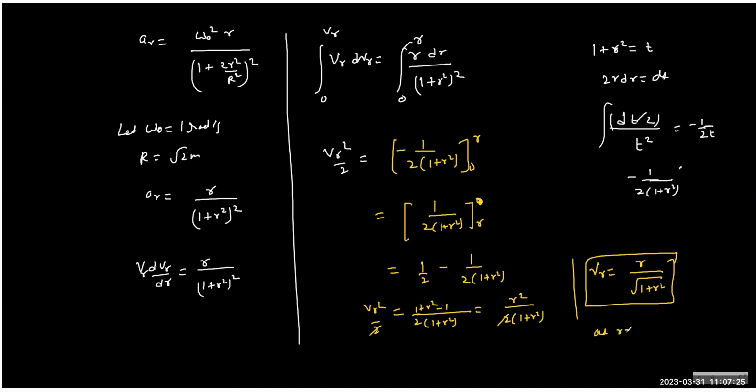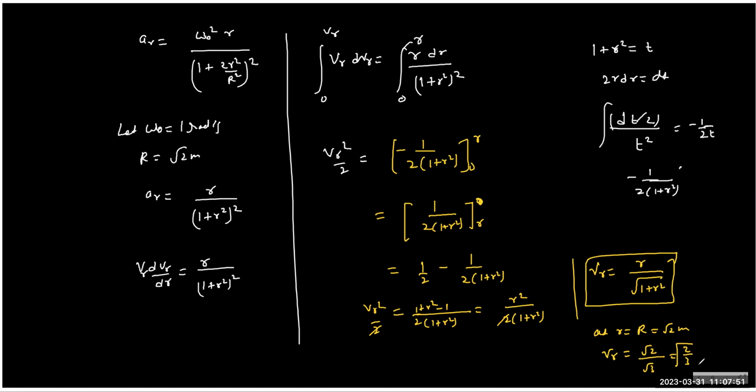So at r equals capital R, which is root 2 meter, what is v_r? It is root 2 by root 3, correct? Is this clear?